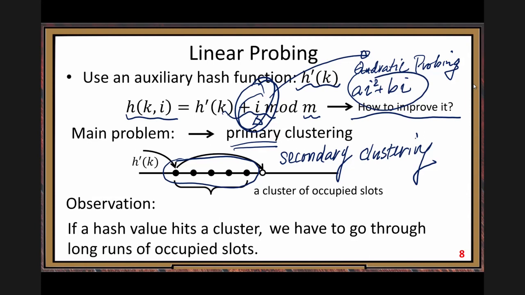For example, you have a few elements here, then open slots, a few elements occupied there, then open. Secondary clustering means if you hit this one, because you jump faster, but when you jump, you hit another occupied one, then you hit another occupied one.